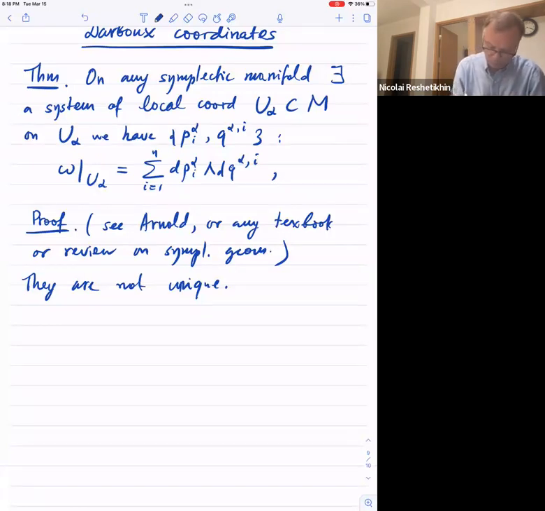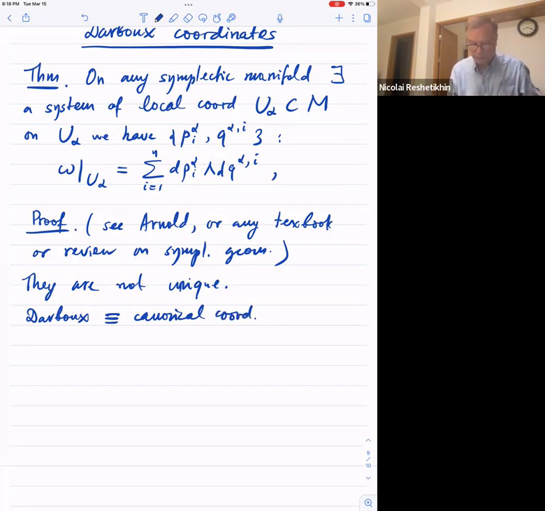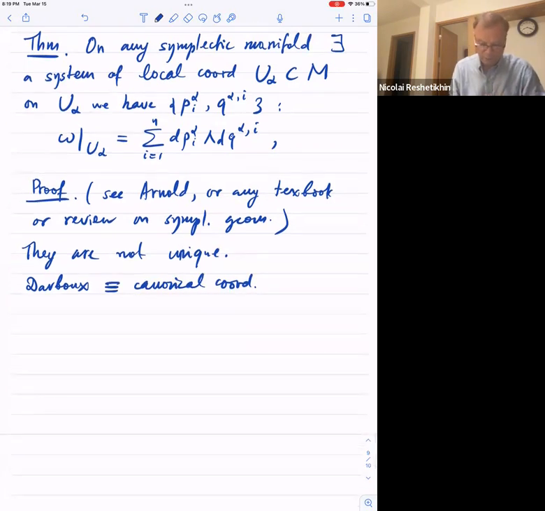They are also called Darboux coordinates. Sometimes, especially in physics, they are called canonical coordinates. They are not canonical in the sense that they are not unique, but they are canonical in the sense that the symplectic form has this very special form in these coordinates.